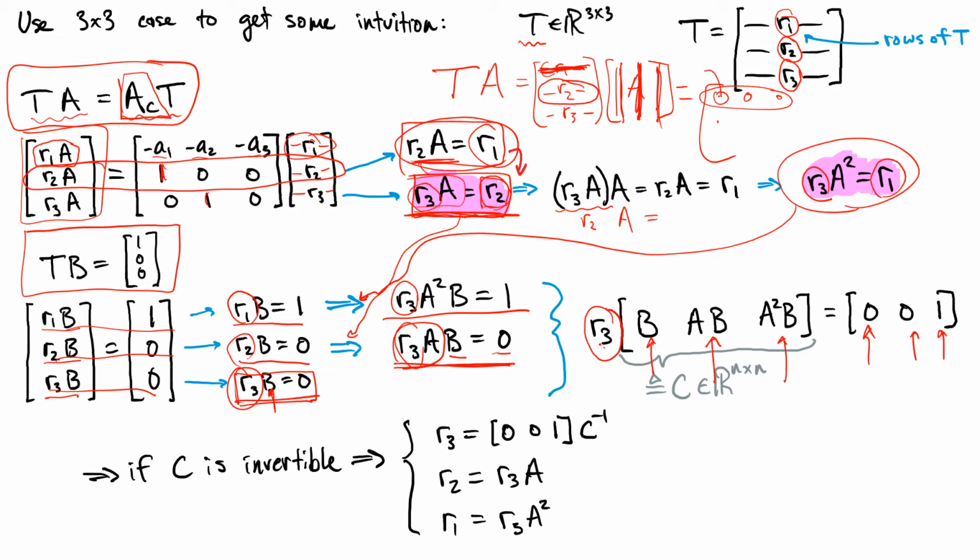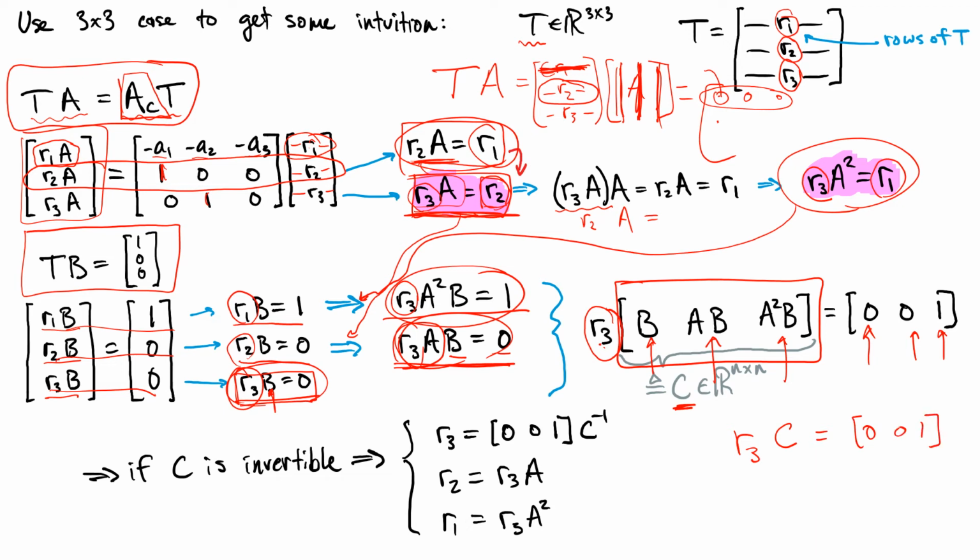So this is just a way of aggregating all 3 of these matrix equations into a single one. And we're going to define this matrix as the special matrix, and I'm just going to call it the C matrix. C is for controllability, and we're going to get there in a second. And so what this is telling us is that R3 times C is equal to this 0, 0, 1.